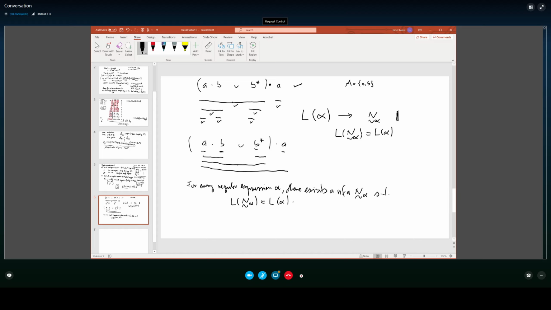So what that means is that whatever we can do with a regular expression, we can also do with a non-deterministic finite automaton.